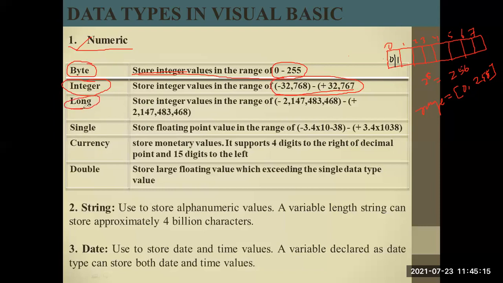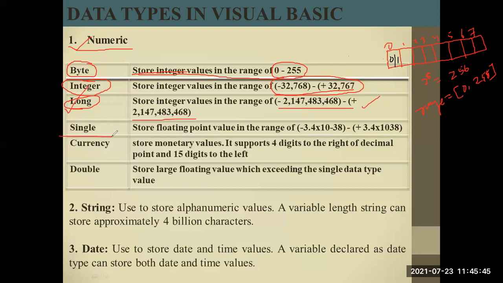Like if you want to store some registration number or Aadhaar card number, where we require 16 to 30 bits of data, the normal integer data type is not going to support that. So for those cases, we will go for the long type integer, where the range is very high.